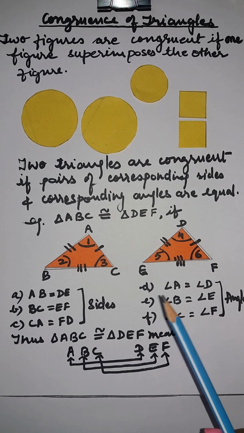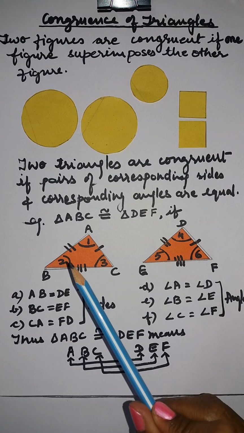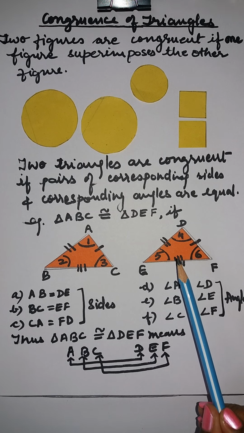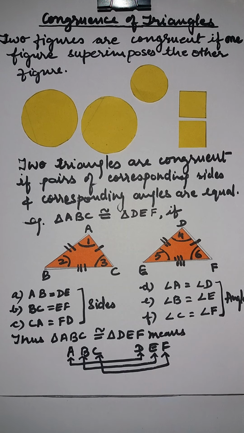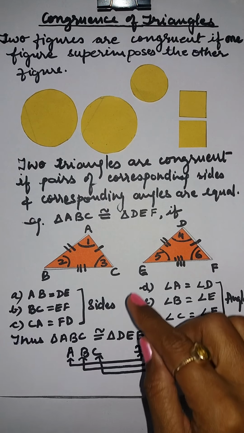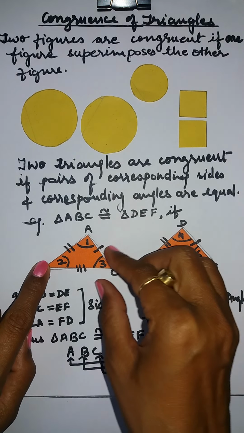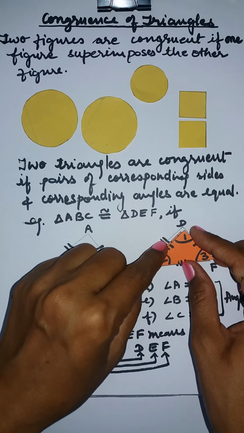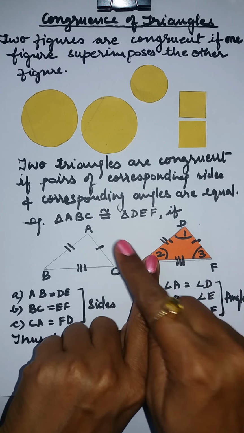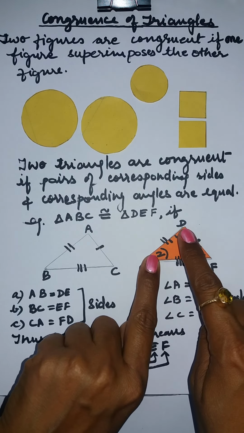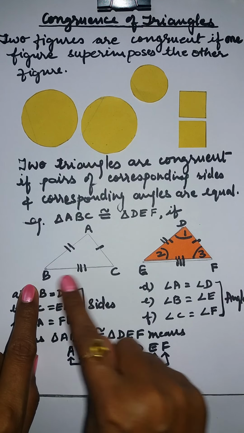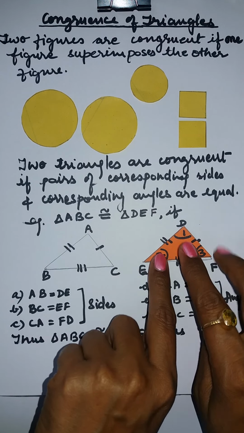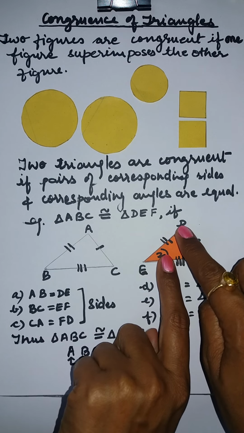However, we shall learn that it is sufficient to match only 3 parts of one triangle with corresponding 3 parts of the other triangle, which includes at least one side. While superimposing triangle ABC on triangle DEF, we can see that vertex A will overlap on vertex D, vertex B overlap on vertex E, vertex C overlap on vertex F. And in the same way, AB side coincides with DE.